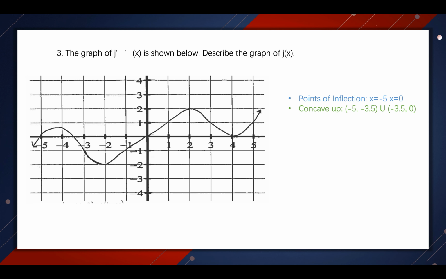The curve is concave up between x equals -5 to x equals -3.5. The curve is concave down between x equals -3.5 to x equals 0.